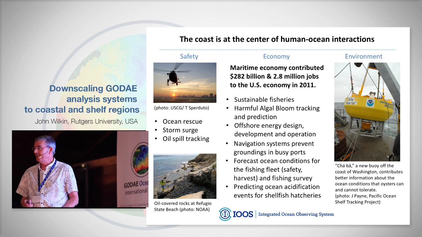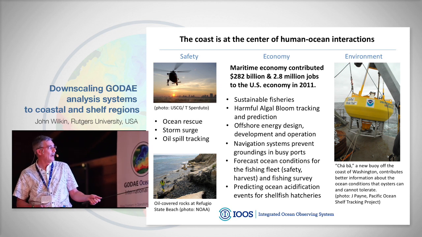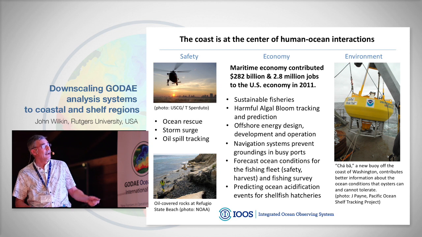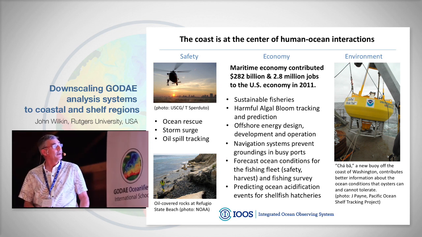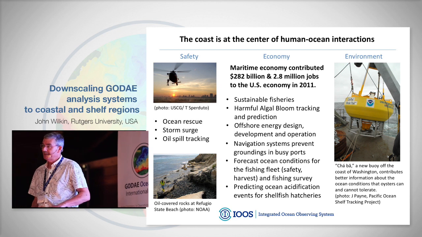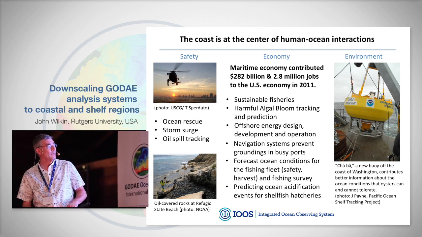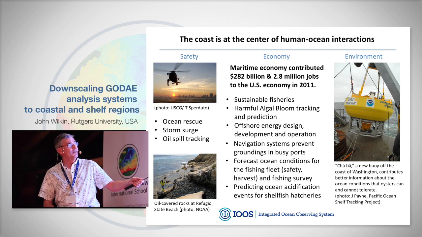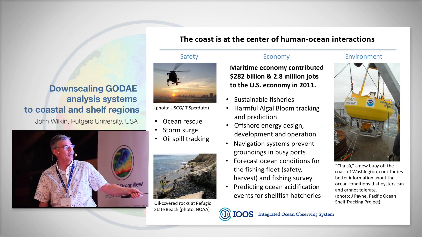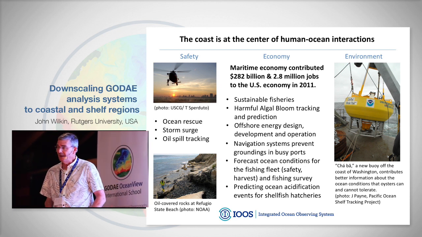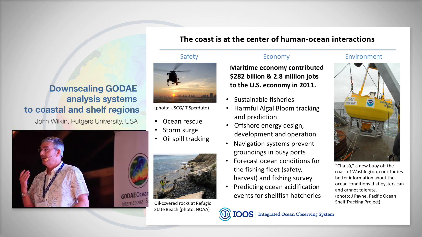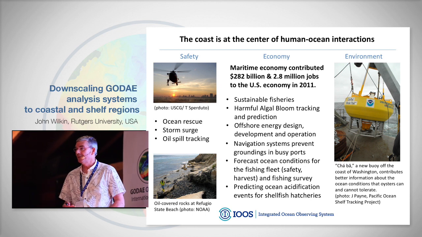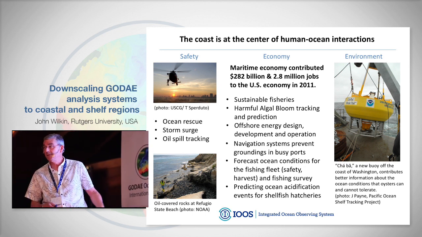Storm surge I will return to at the very end of the talk. Oil spill tracking is another. If you look at the numbers for the US economy, there are 2.8 million jobs in the maritime sector. It's a big part of the economy. And issues to do with sustainability, harmful algal blooms, all of these different things are reasons that products that analyze and predict conditions in the coastal ocean are economically important.